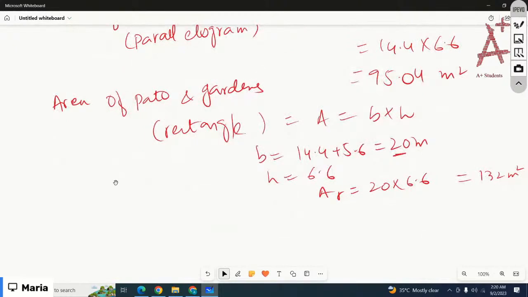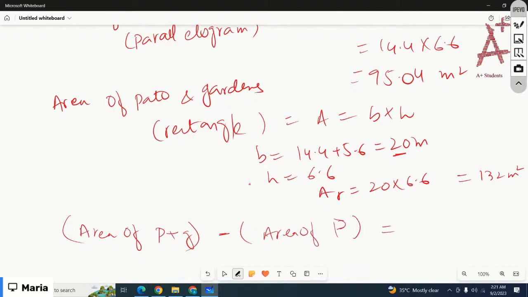You have to subtract the area of the patio from the area of the patio plus gardens, and that equals the area of the gardens, right?